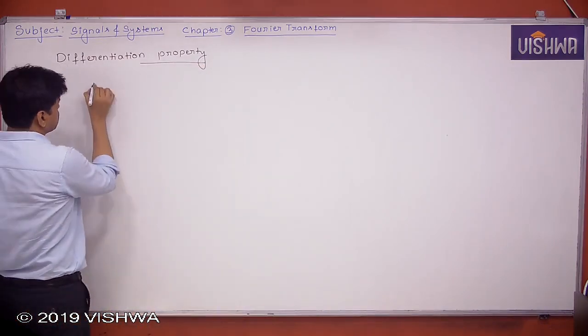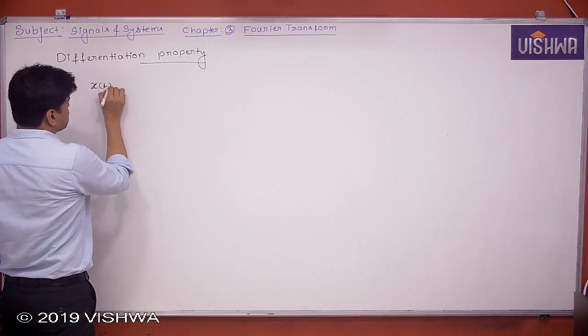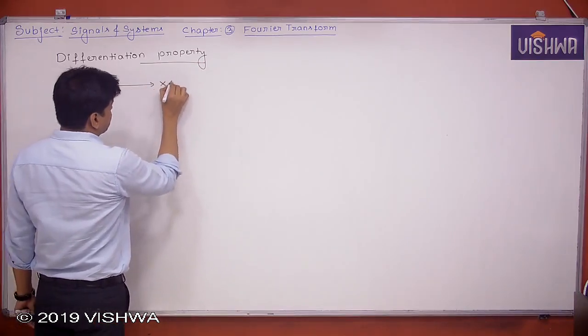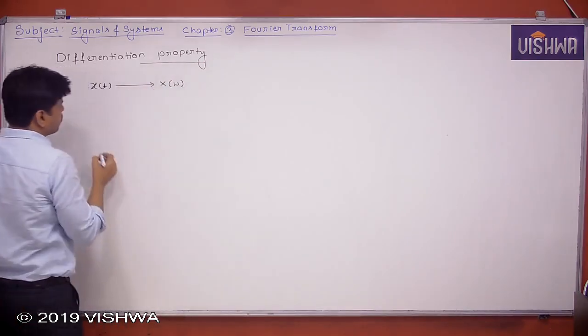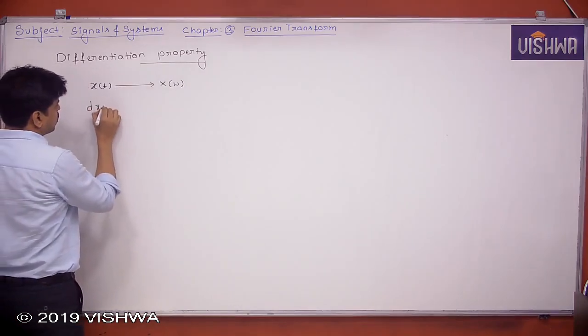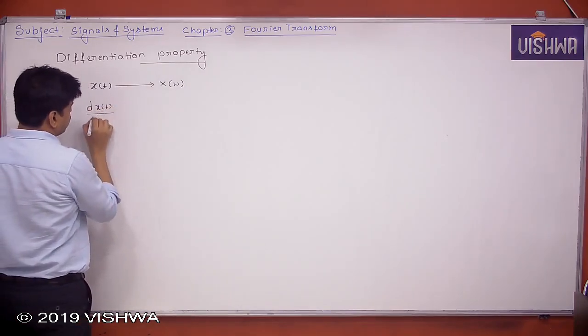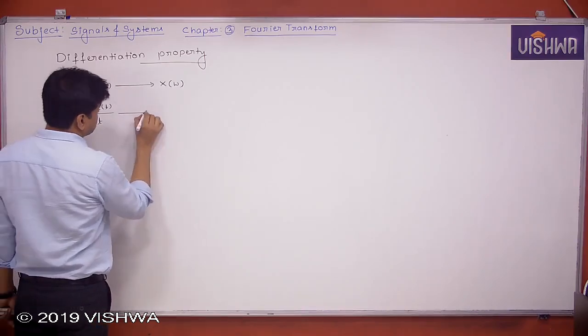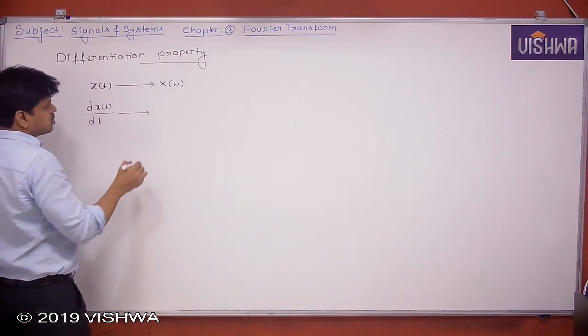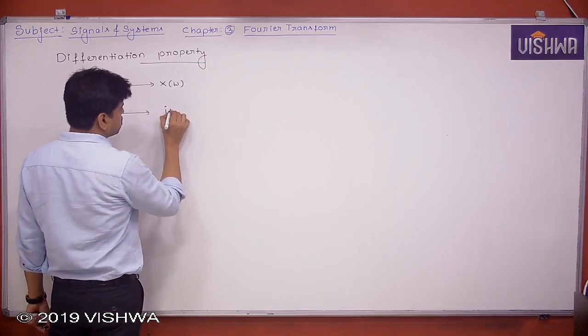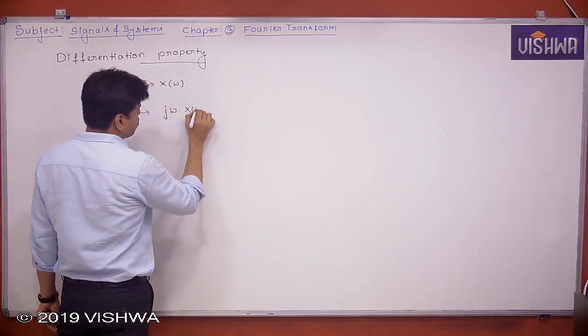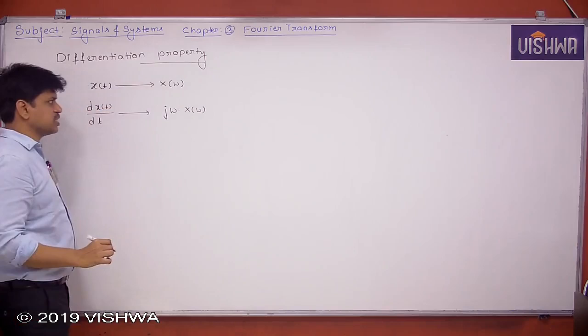Suppose a signal x of t has Fourier transform x of omega, then what is the Fourier transform of dx of t by dt? This is nothing but j omega multiplied. We simply have to multiply the Fourier transform by j omega.